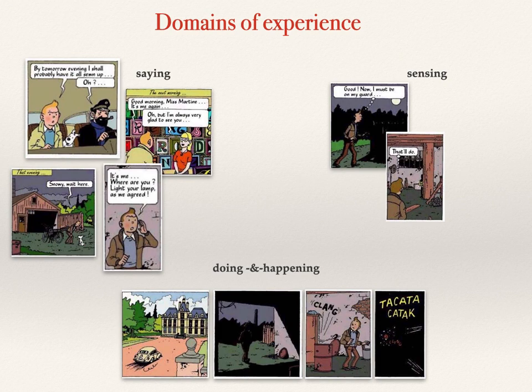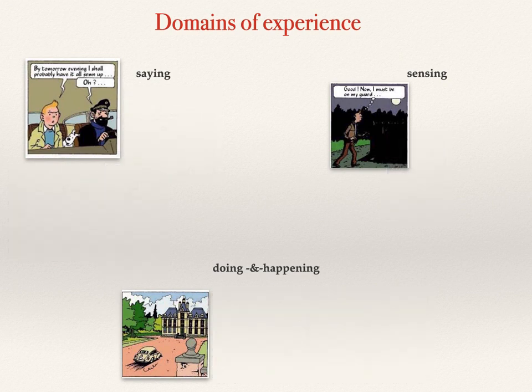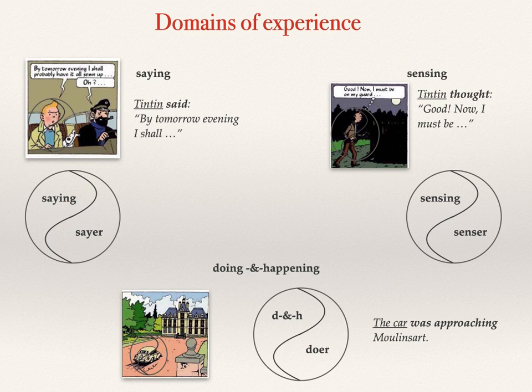Something else we learn from comic strips is this. In representing saying, doing and happening, and sensing pictorially, so depicting them, drawing them, what we have is in fact one object, an entity, maybe a person, maybe a car, and that object, that entity, represents both a participant and a process that the participant is involved in.